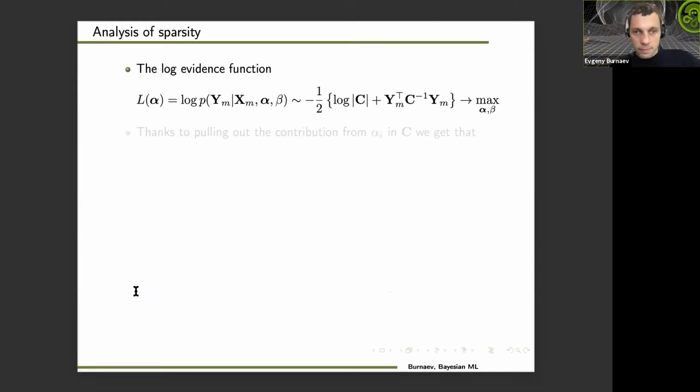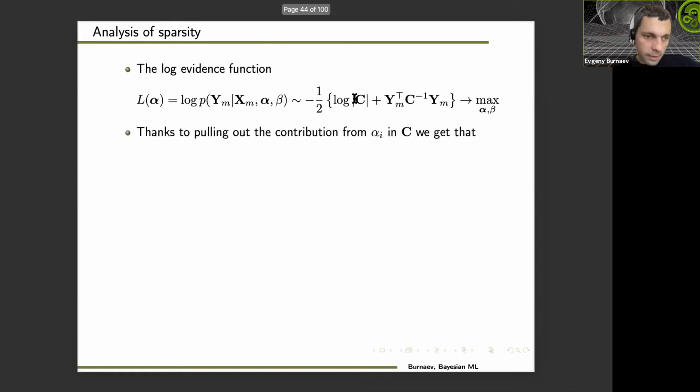And so now let me explain why it happens that when we optimize this log evidence function, some of the values of alpha will tend to 0, and some of the values of alpha will tend to infinity.